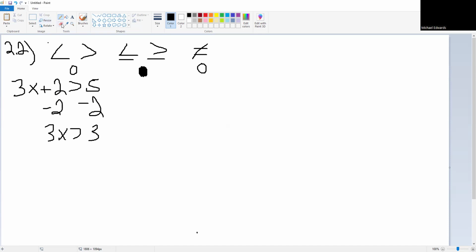Oh, that's a greater than sign? That looks horrible. All right. And now this is multiplication. We divide this out. It's not negative, so there's nothing we need to do. And we find that x is greater than 1.